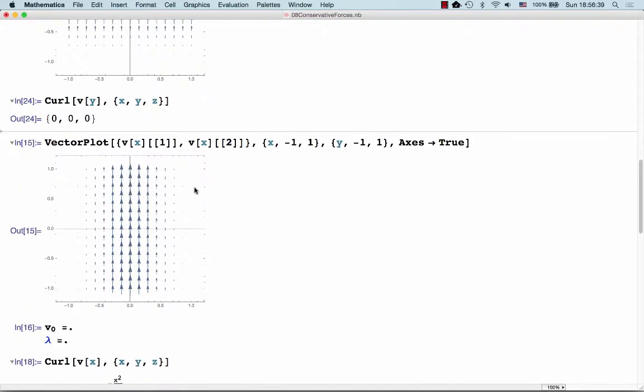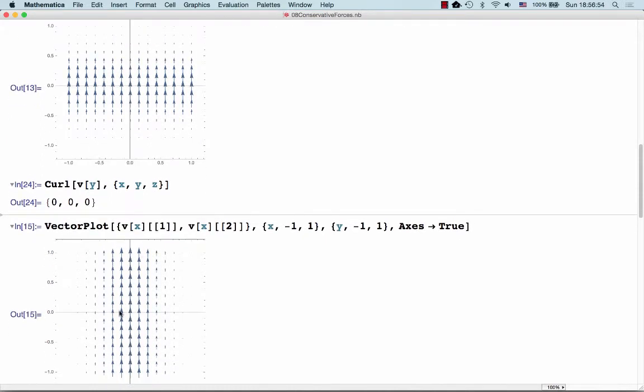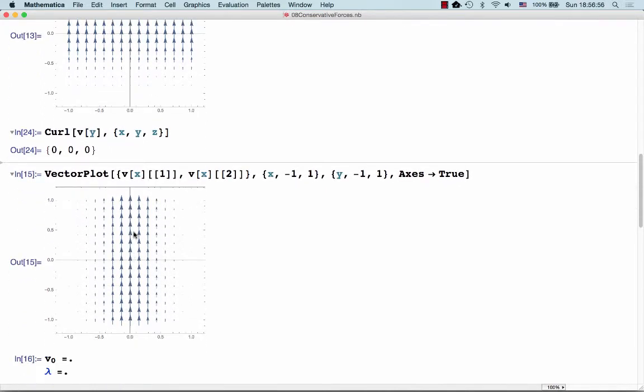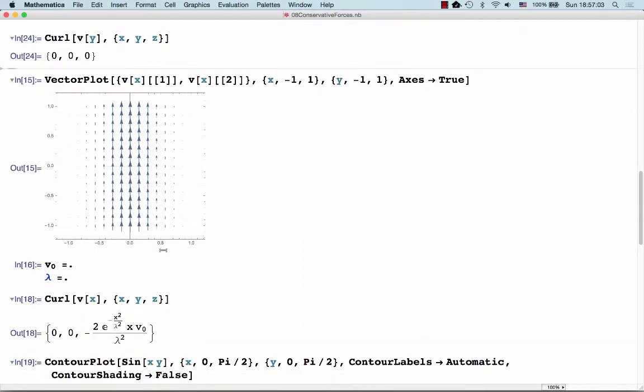By the same token though, with this particular example here, I've got a strange exponential whose y component here depends on the value of y. But here, if I make the y component of the vector depend on the value of the x coordinate, it turns out that here the curl is non-zero.